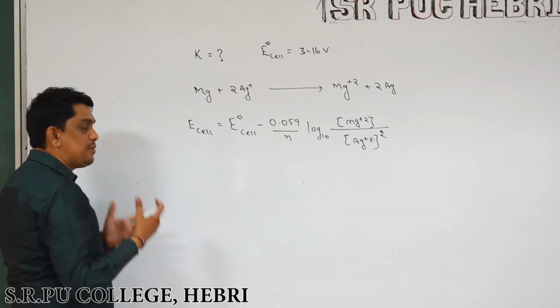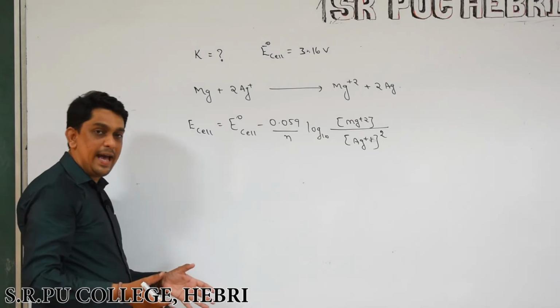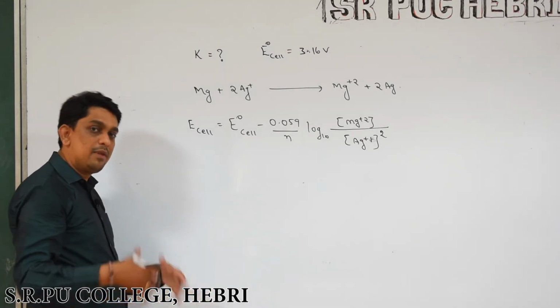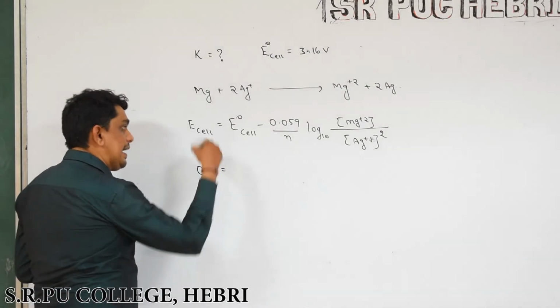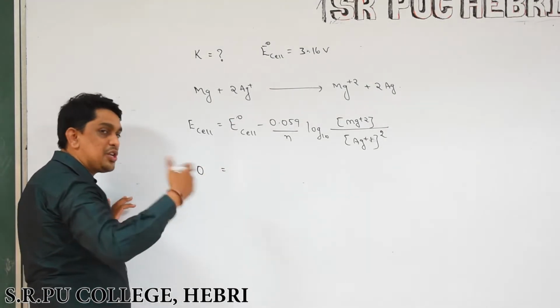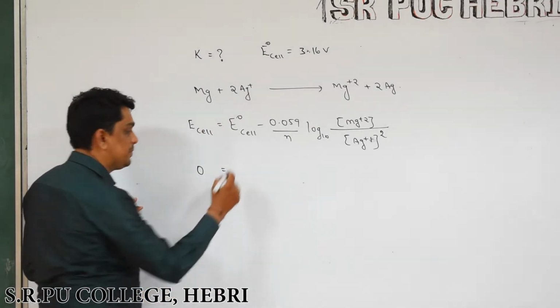I know that I am talking now about equilibrium. At equilibrium, no reaction is happening. Why is it not happening? Because cell potential is 0 volt. In the standard condition, reaction is happening, because reaction is happening, it is not 0.